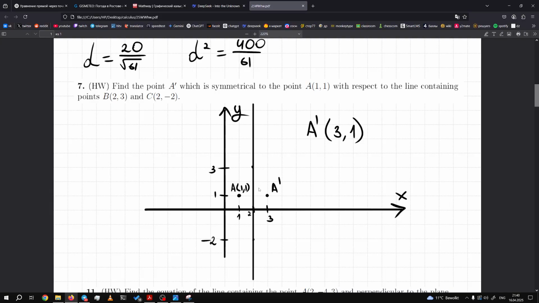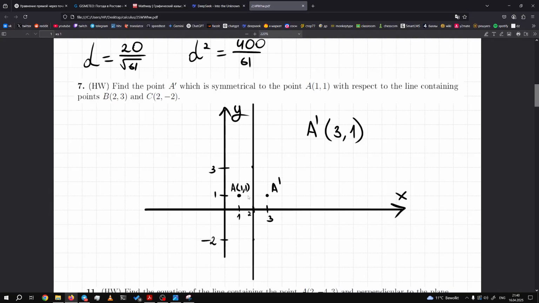And the symmetrical point with respect to the line. Let's draw this line. This line is given by 2 points. So 2, 3 is one point. 2, minus 2 is the second point. So actually this line is vertical. We have this point and a vertical line.